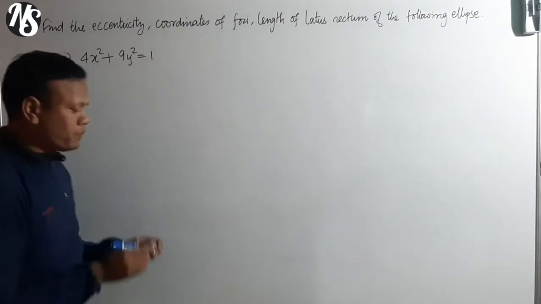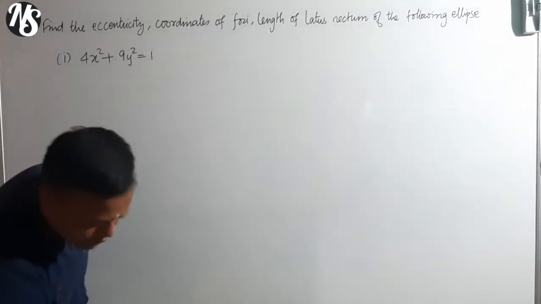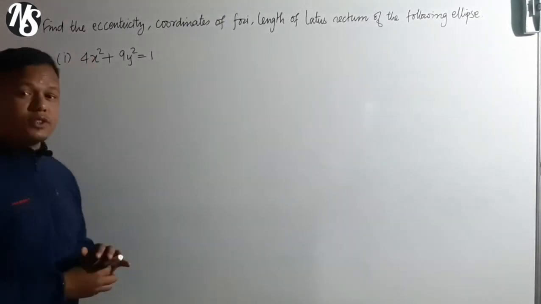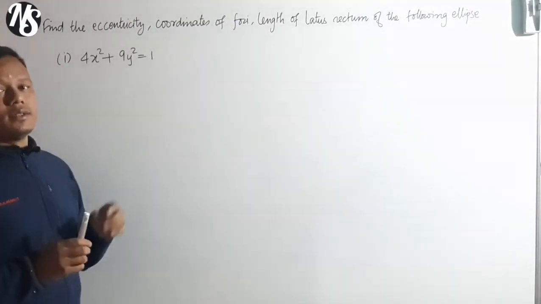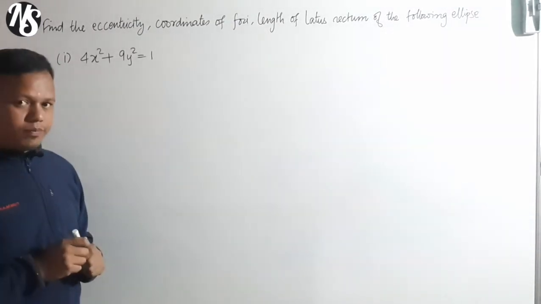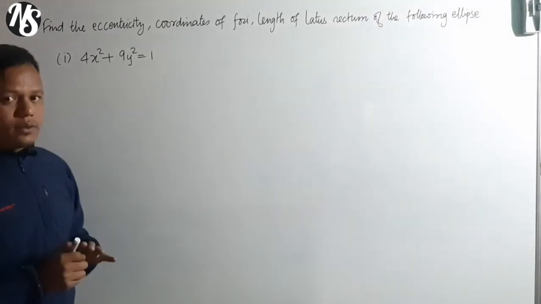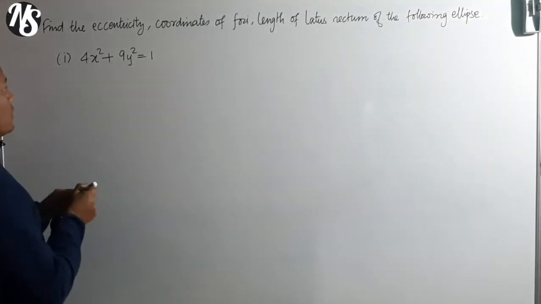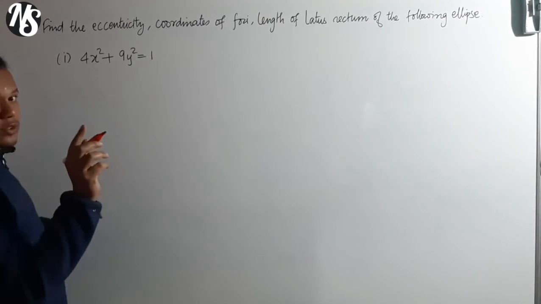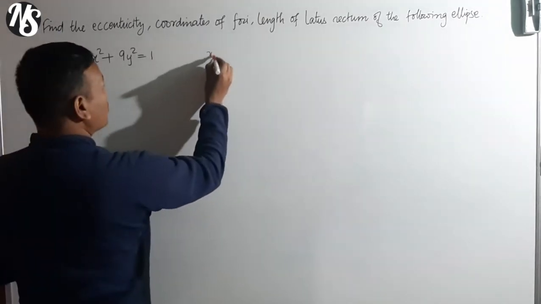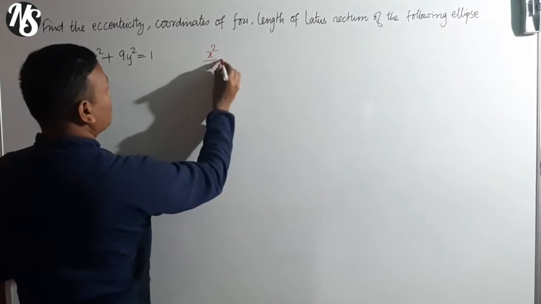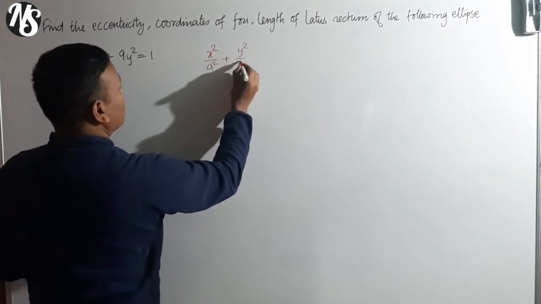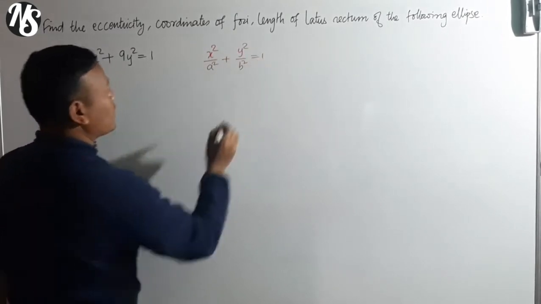One thing you need to remember is whenever you are given an ellipse in this way, you always need to write it in standard form. You know what standard form is: x square by a square plus y square by b square equals 1.